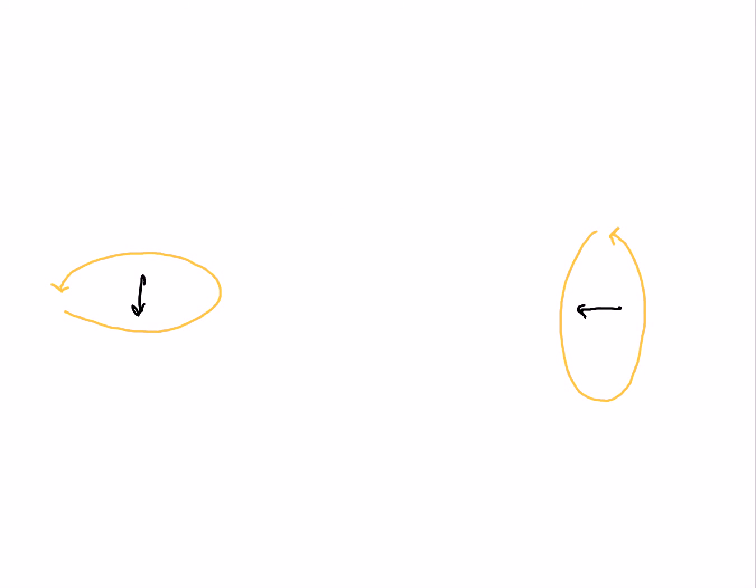Now let's consider a case of magnetic dipoles at right angles to each other. Just to be clear about the third dimension in this dipole on the left, here the current is going into the screen, and here, out of the screen, and here it's going into the screen.